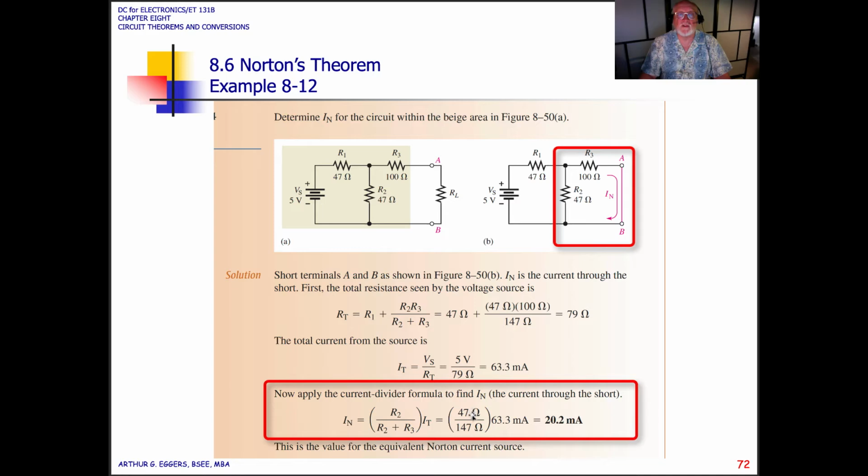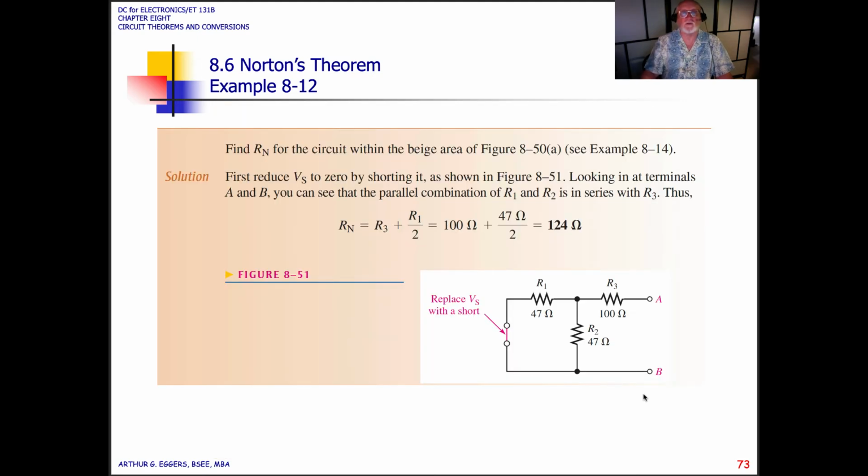That gives us 47 ohms by 147 times 63.3, and we get 20.2 milliamps of current as I Norton. So that will be our Norton's current. This is the value of the equivalent Norton current.